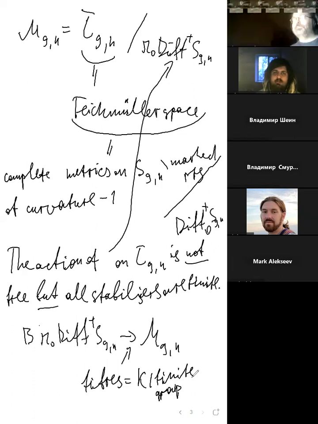Well, at least topologically, yes, but the trouble is the Teichmüller space is not algebraic in any meaningful sense. Chris, what do you think?